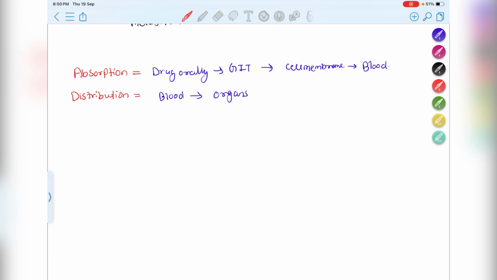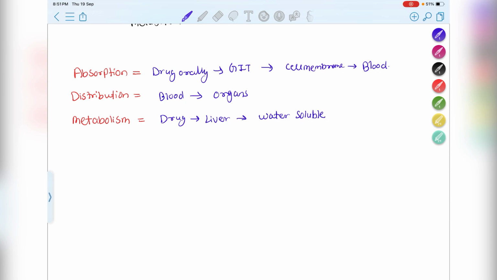Okay, now the metabolism is there. Next process, as we have seen, the drug has reached the organs. So the drug will go to the liver and it will become water soluble.